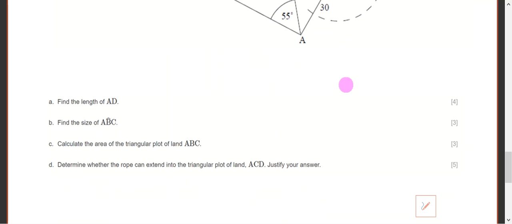So you've got, just from our topic, you can see why it's an important one. Find the length, find the size of an angle, calculate the area of the triangle, okay? And then determine whether the rope, so that's kind of an interpretation thing, that's quite a long 5 marks. But you should be able to do A, B and C pretty simply now.